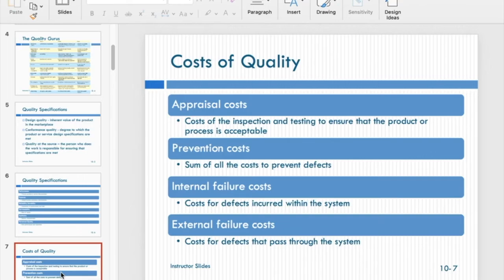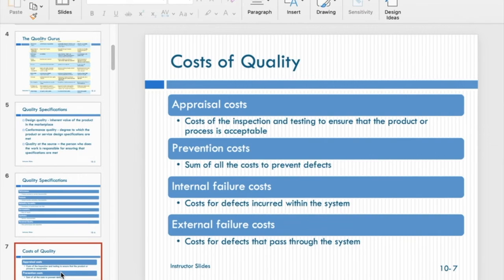You may lose some goodwill from the customer, and the customer may complain about it. You have to deal with them, make them happy, and make them willing to buy some of the other products in later days. You don't want to lose your customers, and of course the product repair. So these are some external failure costs.